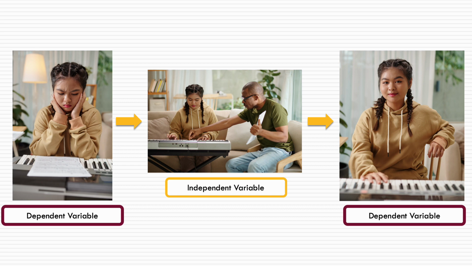That will lead, possibly, to a young woman who can play the piano, the keyboard much better, and she's happier. That is, again, our dependent variable, right? So we had the dependent variable where she's unhappy and doesn't know what she's doing. The independent variable is introduced where she takes some lessons, and then the dependent variable does show change, right? So that's that cause and effect relationship.